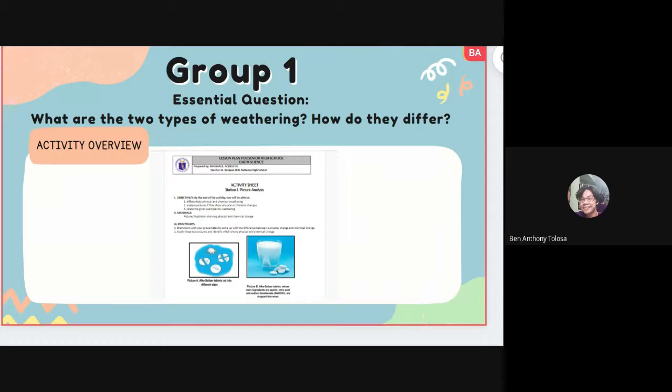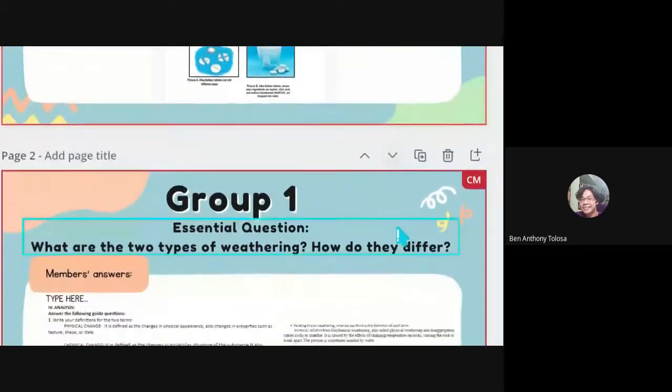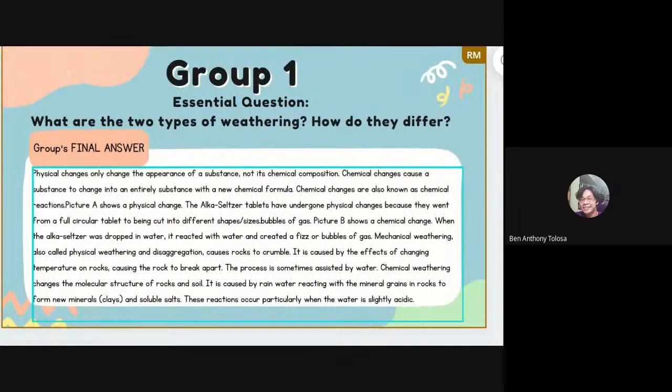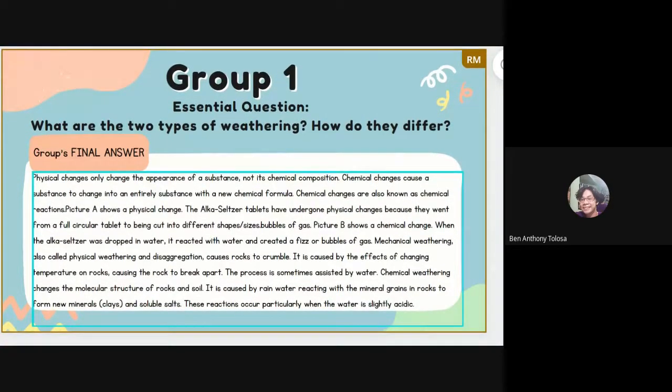So the questions here are, what is your definition of physical changes and chemical changes? Physical changes only change the appearance of the substance and not its chemical composition, while chemical changes are changes in the chemical structure of the substance.